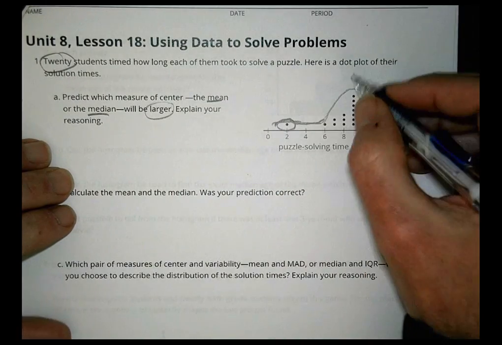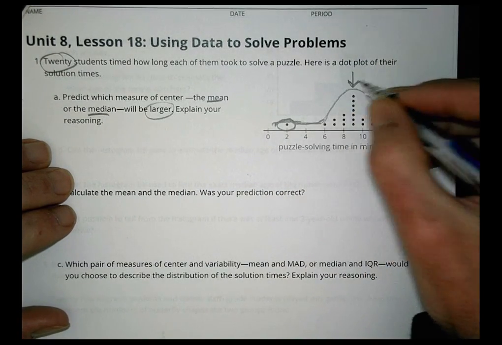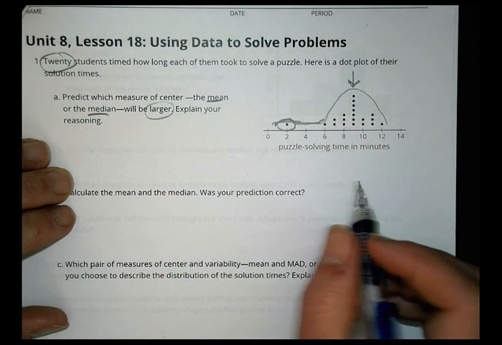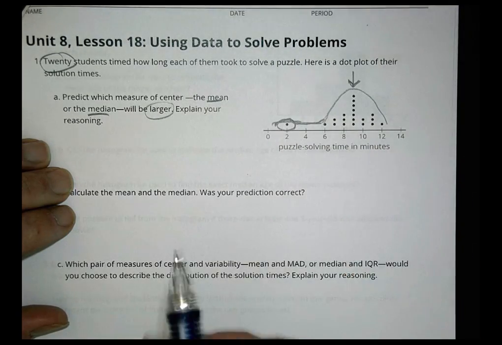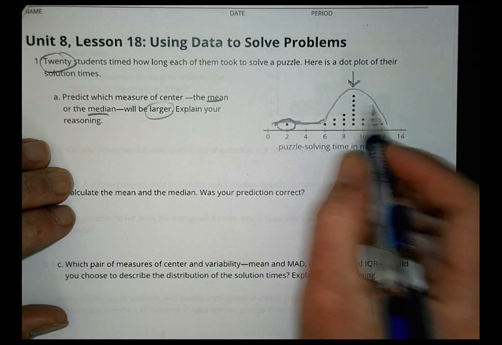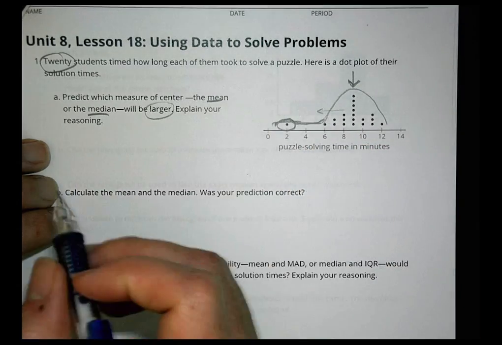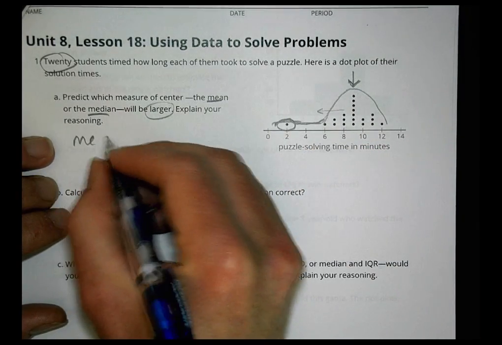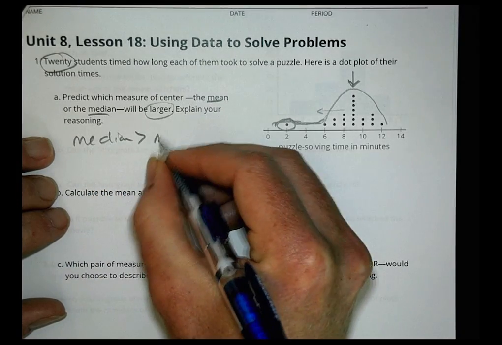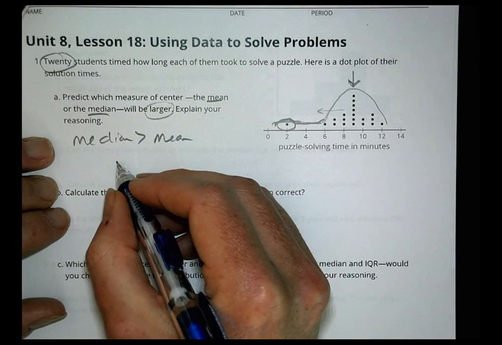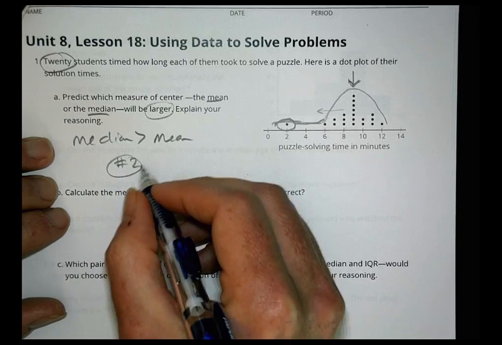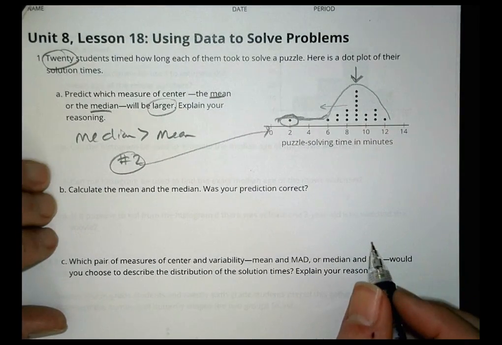The median is going to stay pretty much the same no matter what. But because of this number 2, that's going to push the mean value to be a little less. So I would expect the median to be greater than the mean because of that value of 2, which messes the mean up.